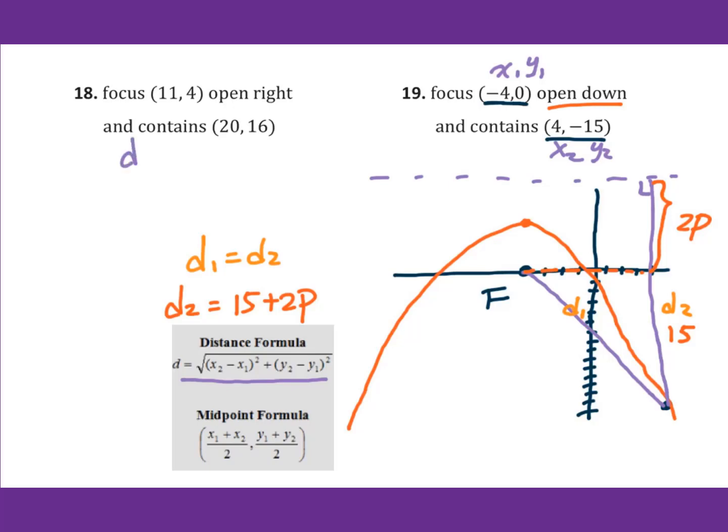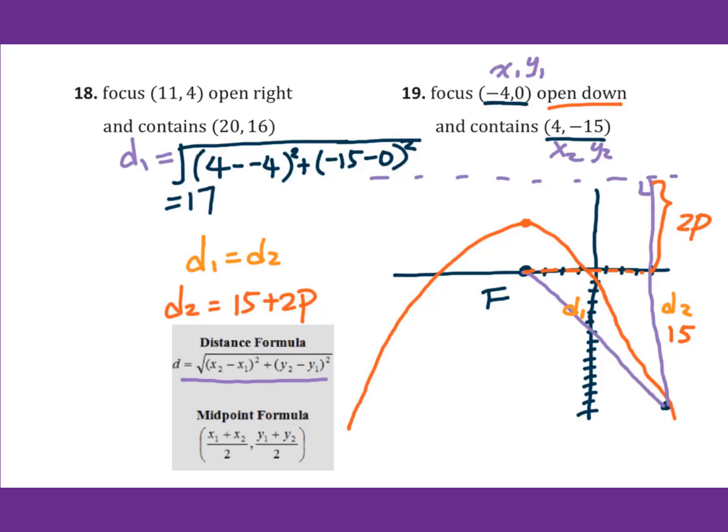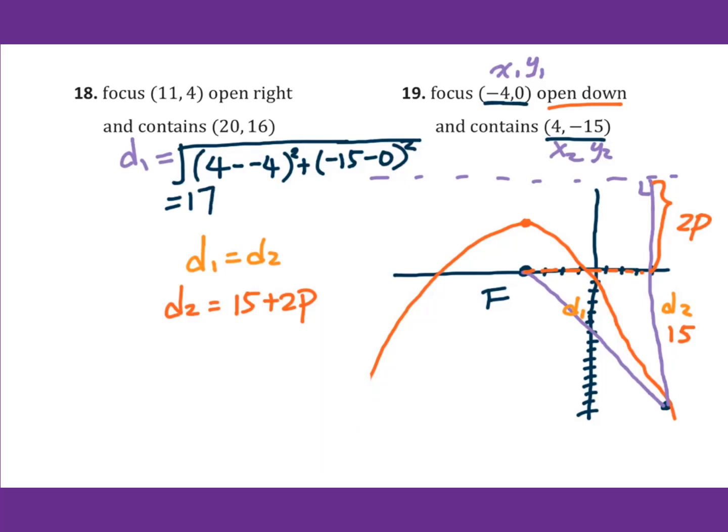So D1 equals the square root of (4 minus negative 4) squared plus (negative 15 minus 0) squared. You will get D1 equals 17. Therefore, D2 equals 17. And p equals 1 because you subtract 15 and divide by 2.